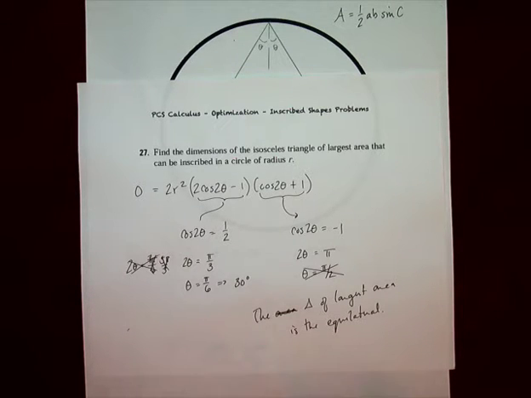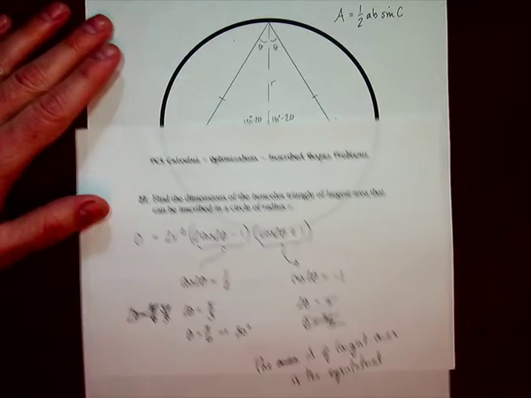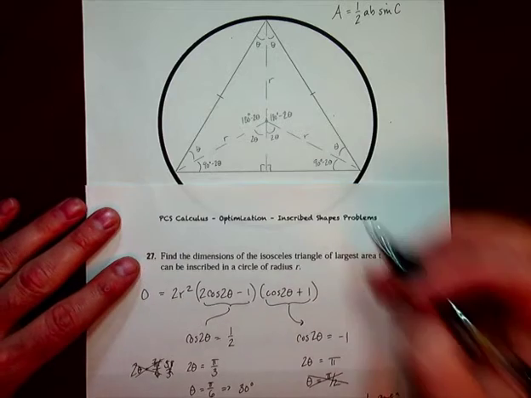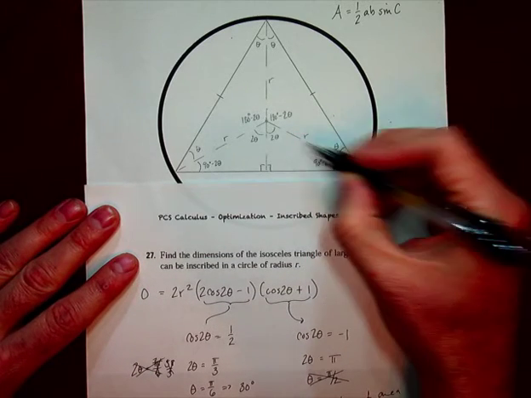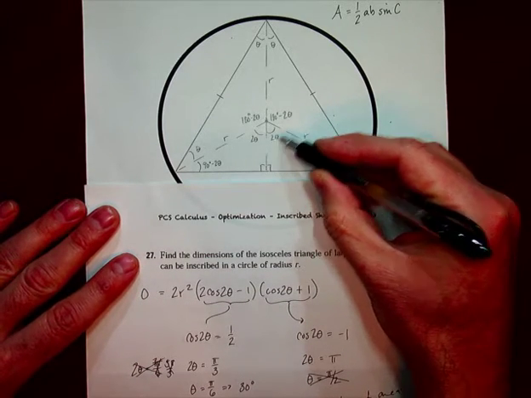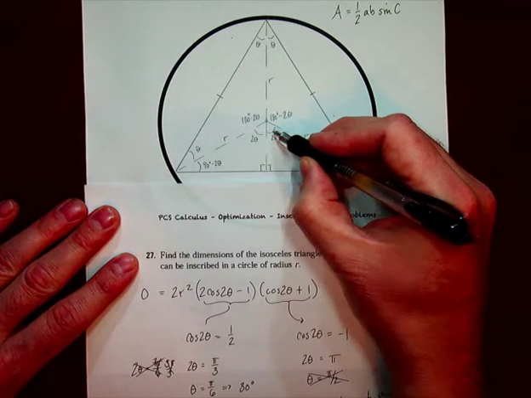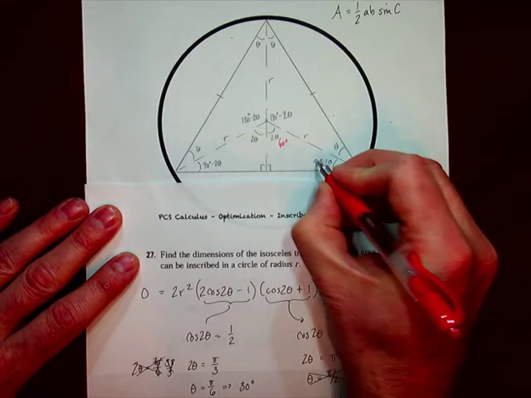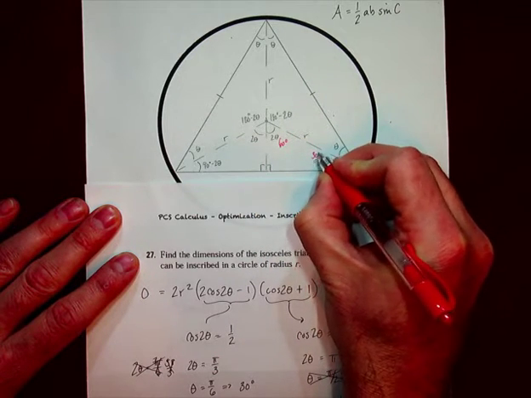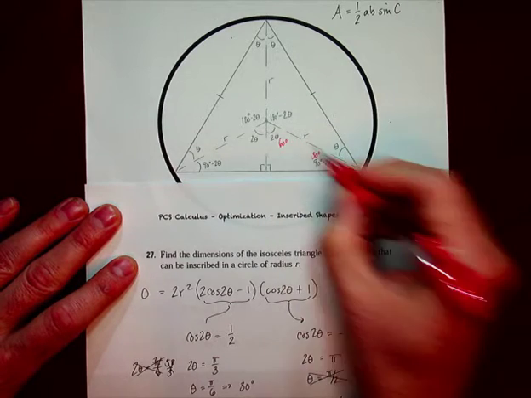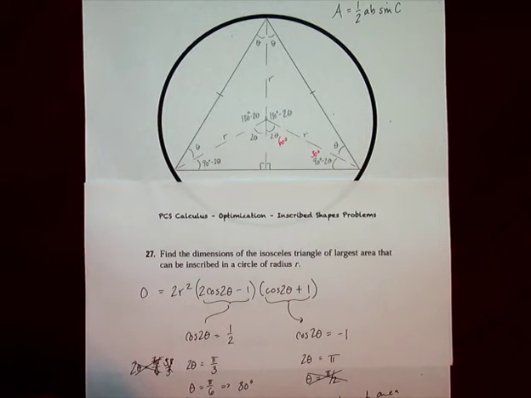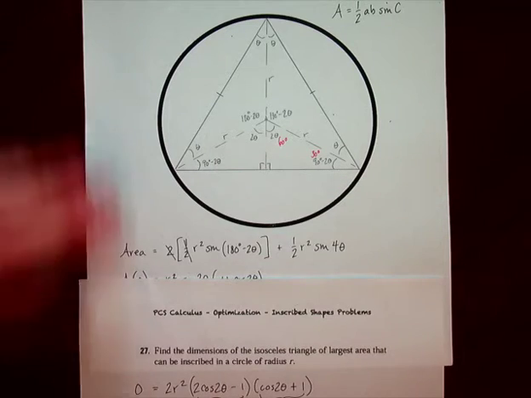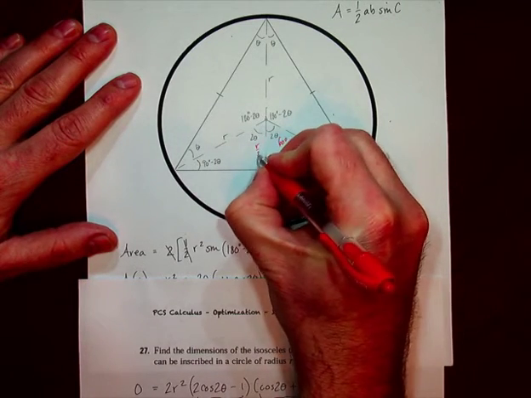I basically have gotten you most of the way there, and, well, I'm just a sucker. I'll do it. So if theta is equal to 30 degrees, this is 60. This becomes 60 degrees. This becomes 30 degrees. And that's r. If r is the hypotenuse, then that short side over there becomes r over 2.